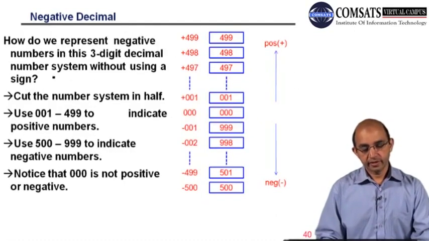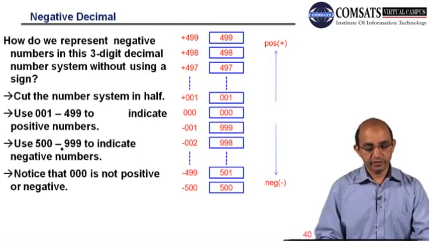So we can overcome this problem if we divide those 3-decimal-number representations into 2 chunks, right? Starting from 0 to 499, or you can say 001 to 499, that we have dedicated for the positive numbers, right?